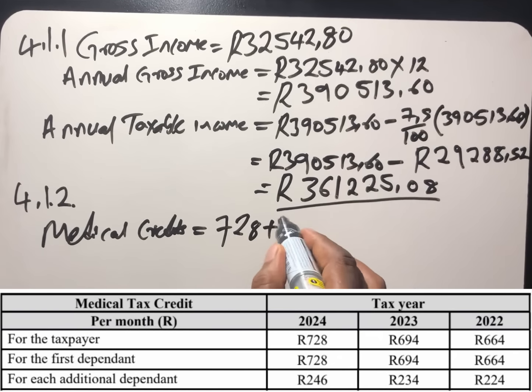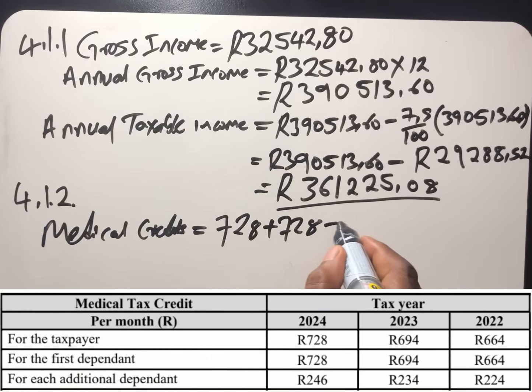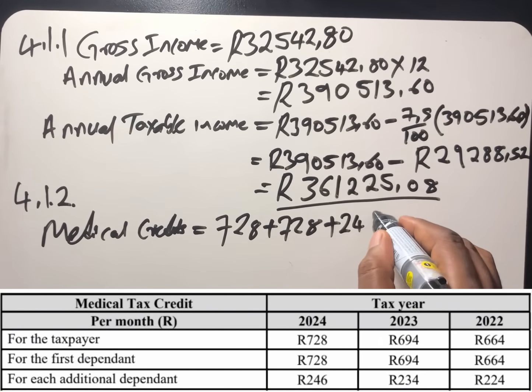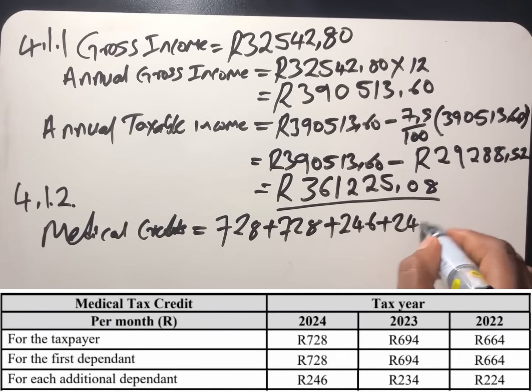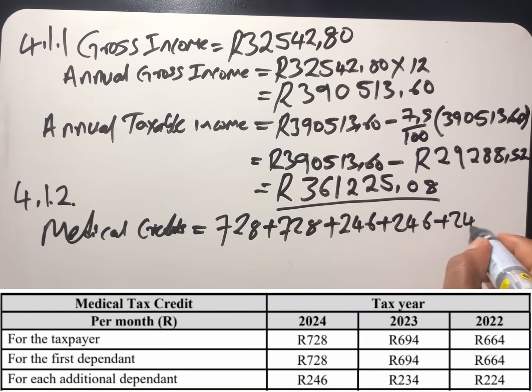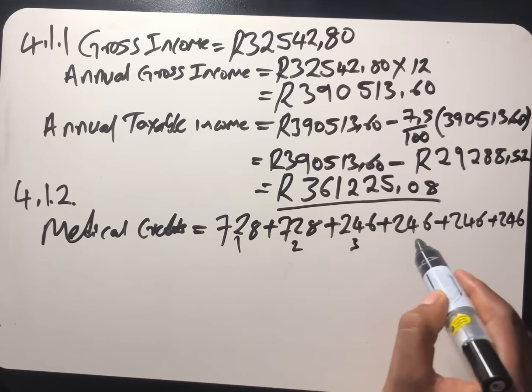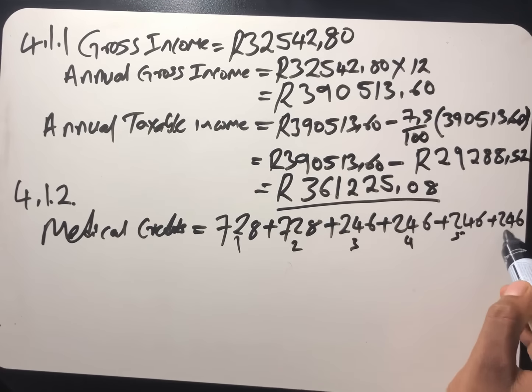And then each of the last 4 will pay R246, so 246 four times. How many people do we have in this family? 1, 2, 3, 4, 5, 6.